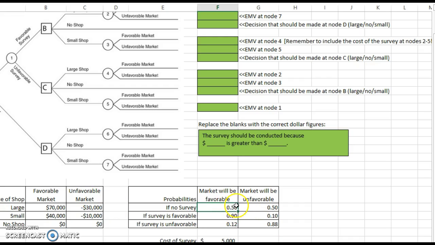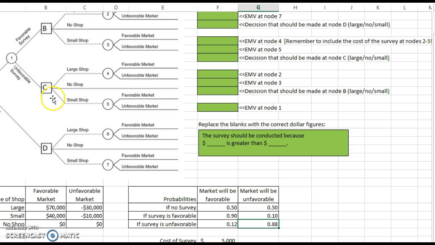The probability of a favorable market, depending on if you do the survey or not, might be 50%, 90%, or 12%. And then the unfavorable is the flip side. So in each of these nodes, you'll just have to consider, first of all, whether the survey was done or not done. So you see these are going different directions based on market survey or no survey.